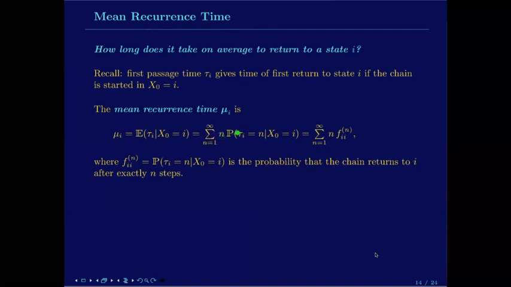So that is the ordinary definition of an expectation. And these probabilities are called f_ii^(n), the probability that the chain returns to the state I after exactly n steps without visiting it in between.